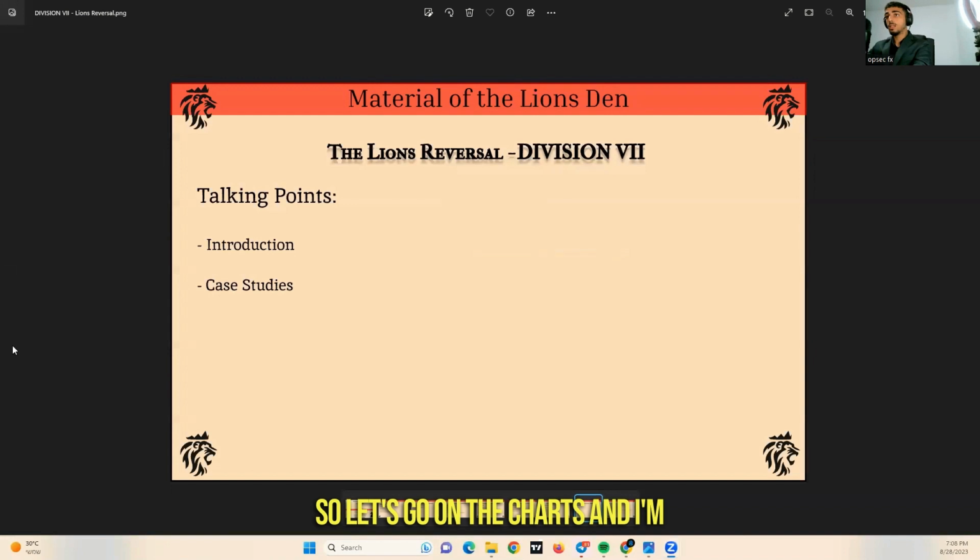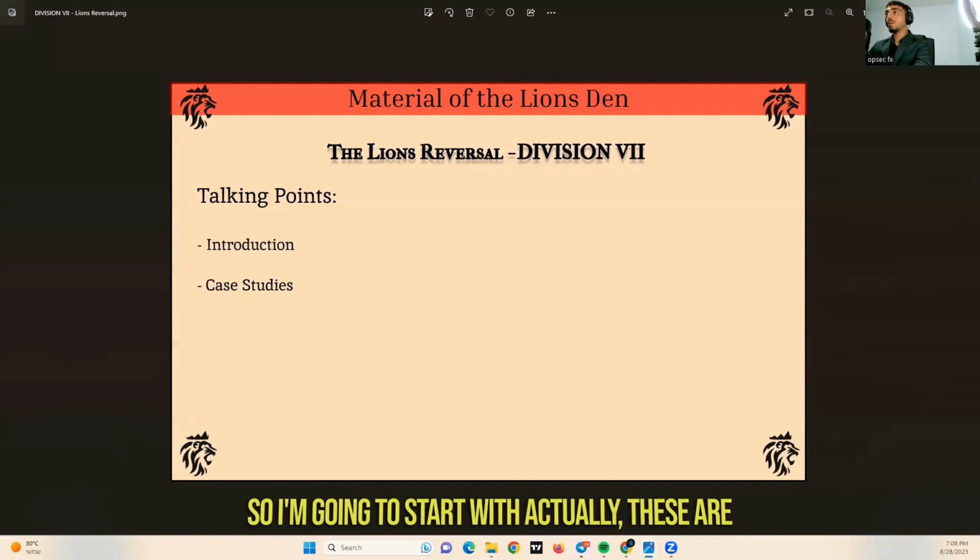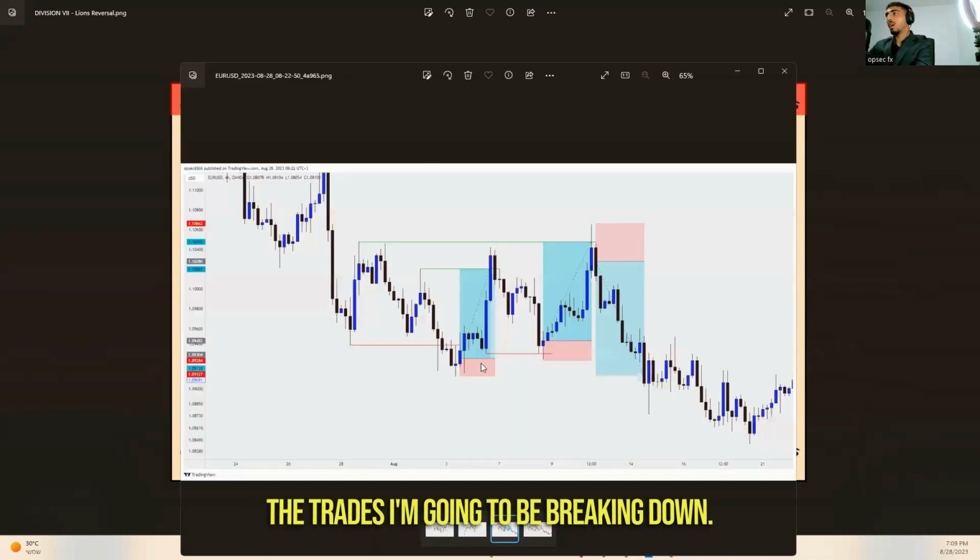So let's go on the charts, and I'm going to show you where I apply this. So I'm going to start with, okay, so these are the trades I'm going to be breaking down.